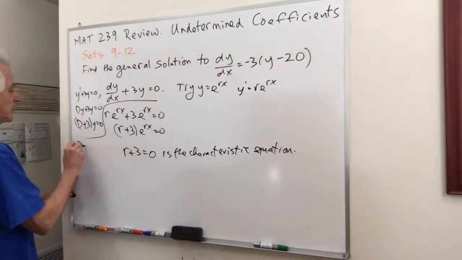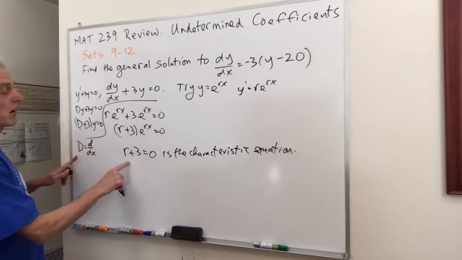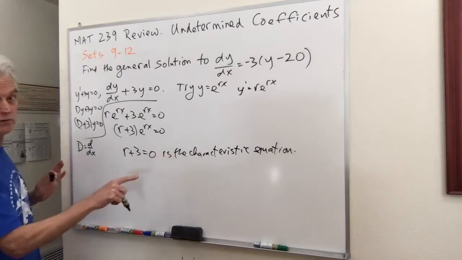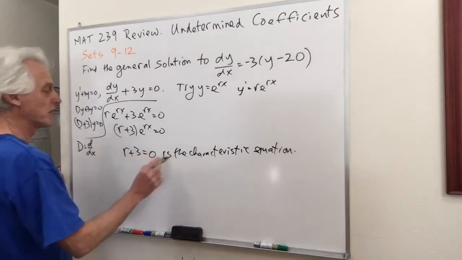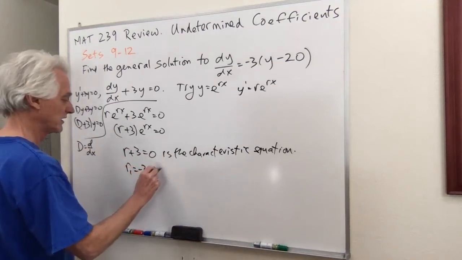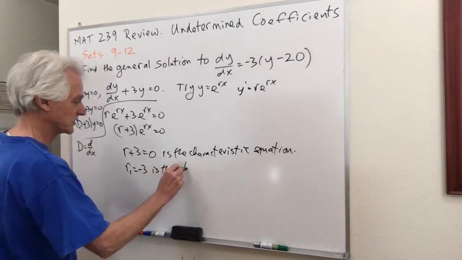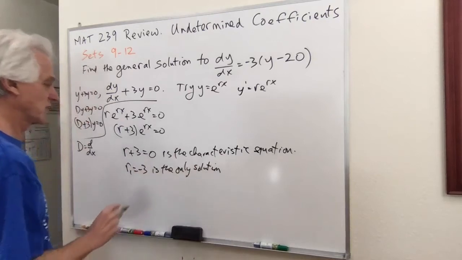It might be hard to factor, but maybe it's given to you in factored form because it started with the D's. Remember here, the D is an operator, d/dx, a derivative. r is just a number. They're not the same thing, but they're pretty close. All right, so r1 equals -3 is in fact the only solution to this linear equation.